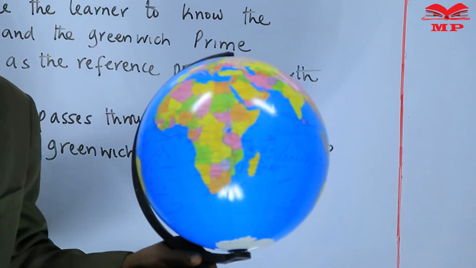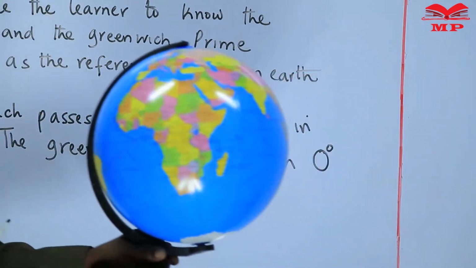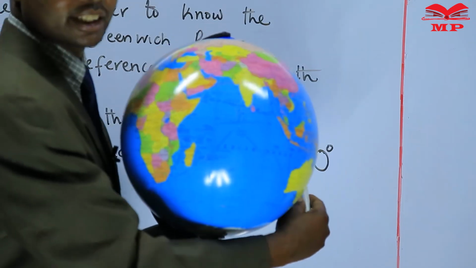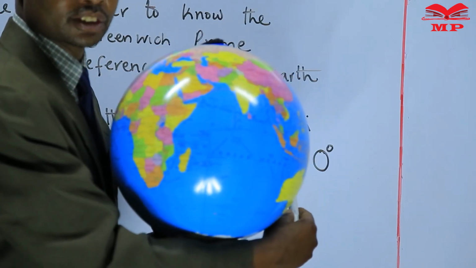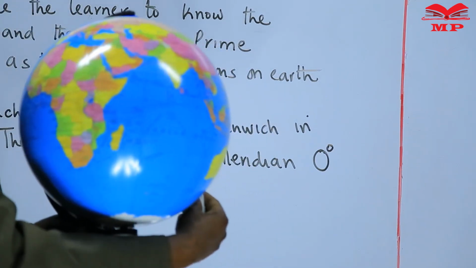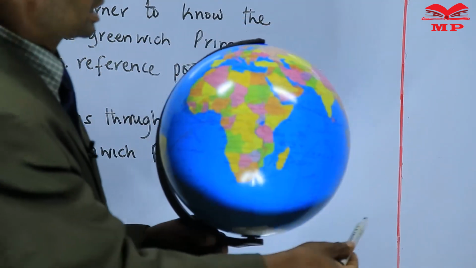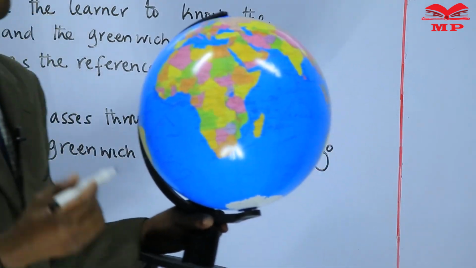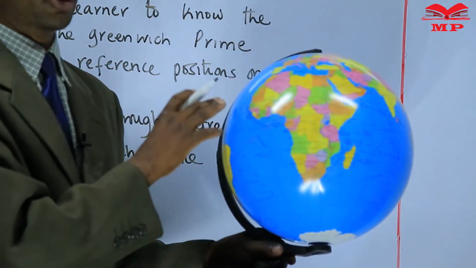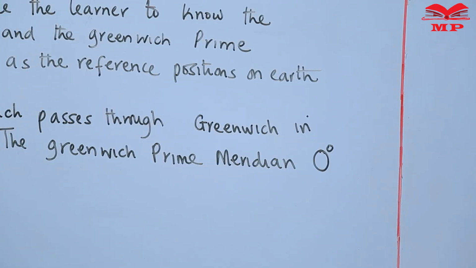The maximum of the longitudes you can have, the maximum meridian, is 180 degrees, either west or east.